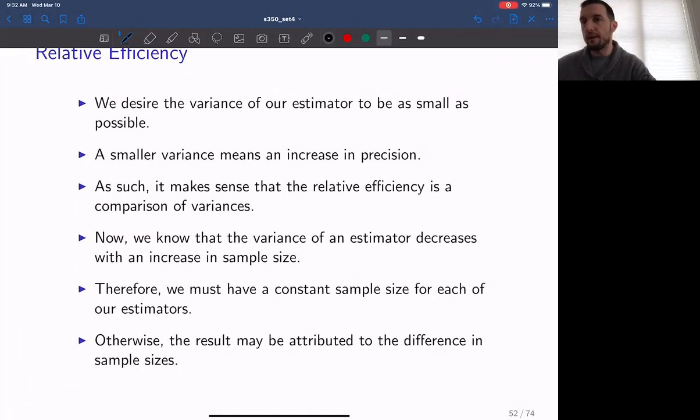The smaller the variance, the higher the precision. So when we compare our estimates, we're saying that the estimate with the smaller variance is the more precise estimate, given that they're both unbiased.